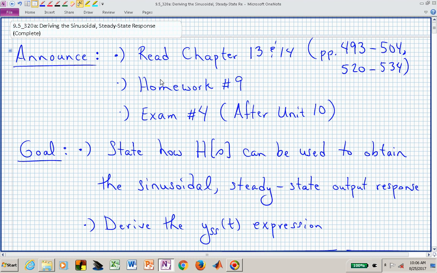So in this video, we first simply state the relationship between the input waveform and the transfer function and what that produces in the output response in the sinusoidal steady state, and then we'll derive that particular expression.